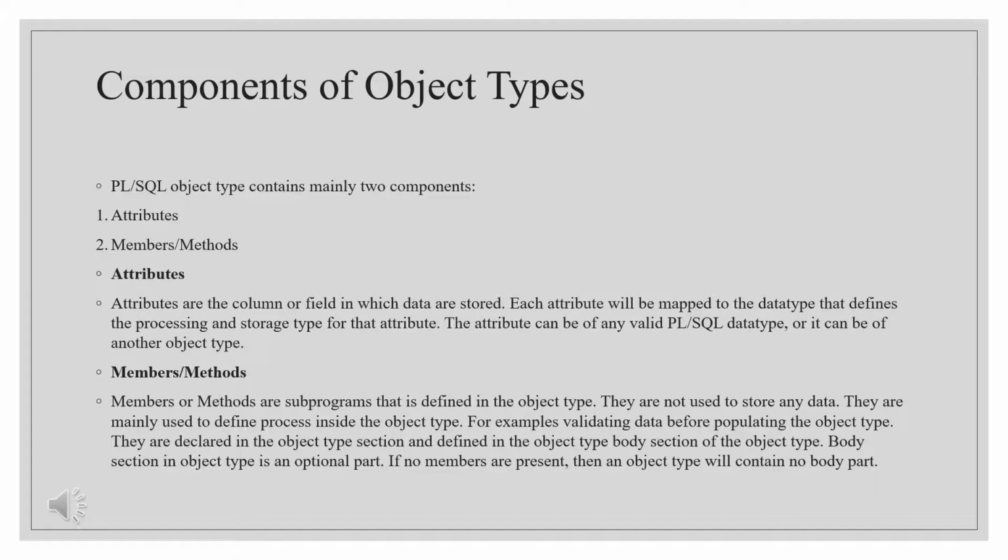They are not stored as data. They are mainly used to define the processes inside the object type. We can take an example of validating data before populating the object type. And these are declared inside the object type specification section and defined in the object type body section. Now let's see the structure or syntax.